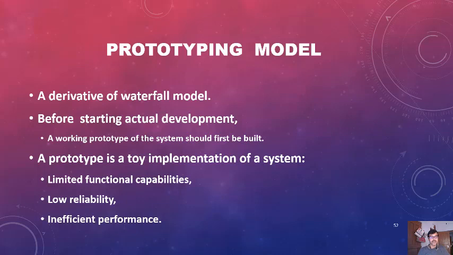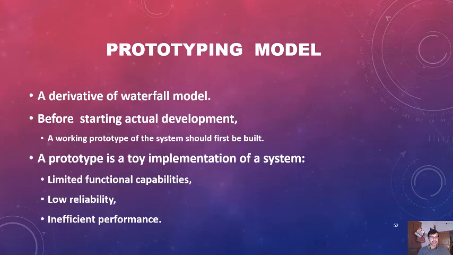So prototype means, suppose you like to prepare a project with 10 to 15 pages. You just prepare all those pages but do not write anything into the pages, and only give the outlook of your pages. So this is called a prototype.